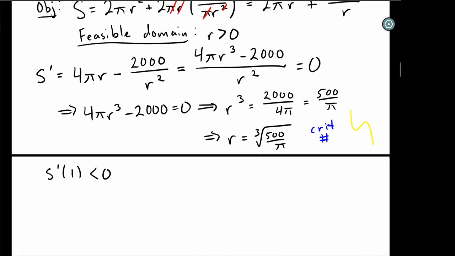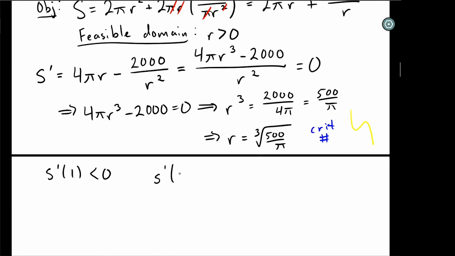On the other hand, 500 over pi, what about the cube root of 500 over pi? Let's see, what's a good number that's bigger than that? 500 over pi is probably close to, let's say, 200.